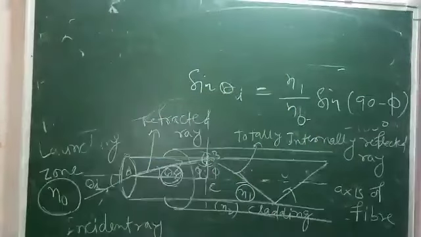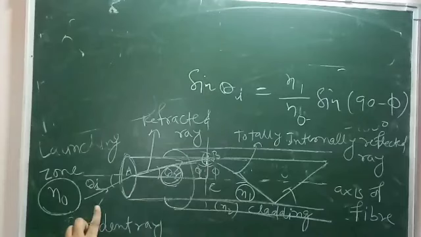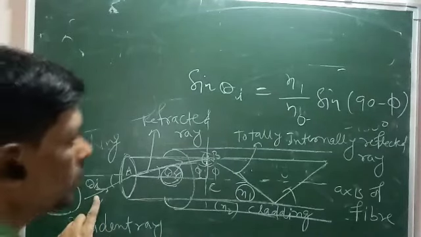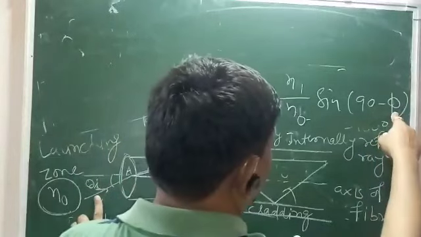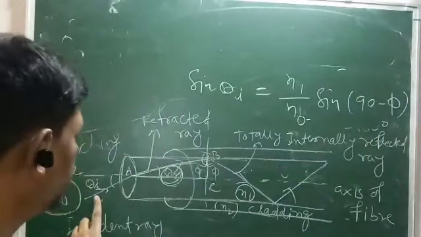Now let us consider when theta is the maximum. When theta is the maximum, then phi should be greater than or equal to phi c.